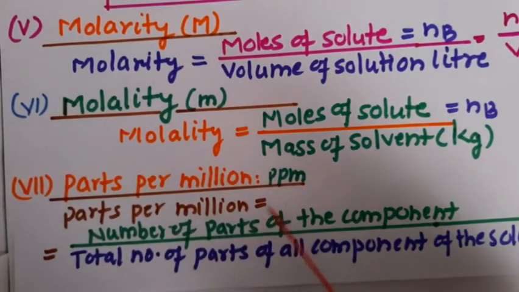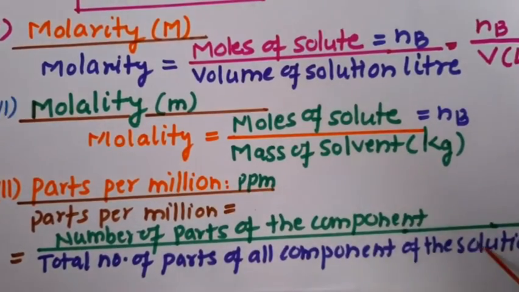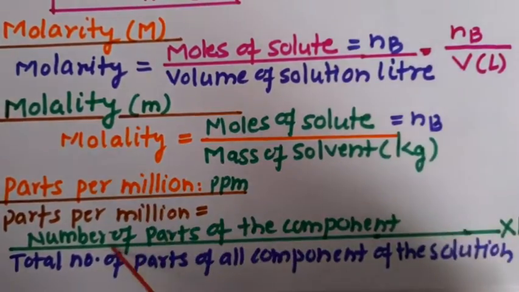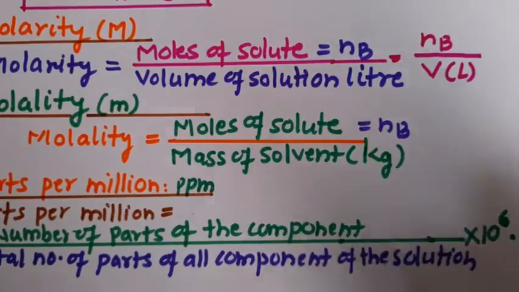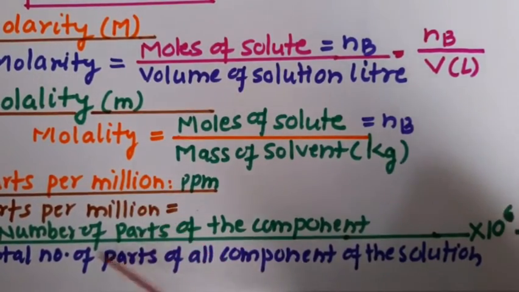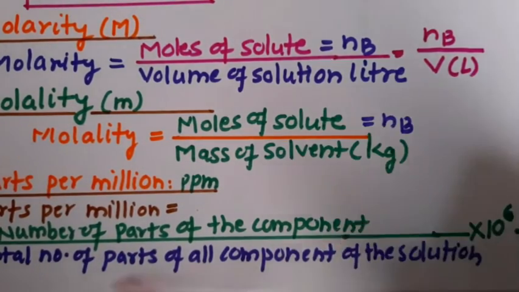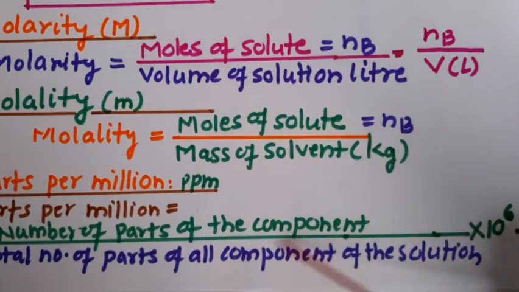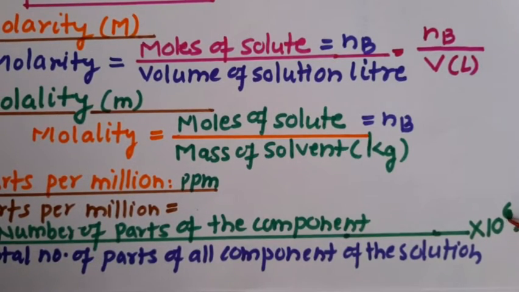Parts per million is defined as the number of parts of a component divided by the total number of parts of all the components present in the solution, multiplied by 10 raised to the power 6. What does it mean? Suppose we take the mass of the component, the solute, in gram, divided by the total mass of the components present in the solution, multiplied by 10 raised to the power 6.